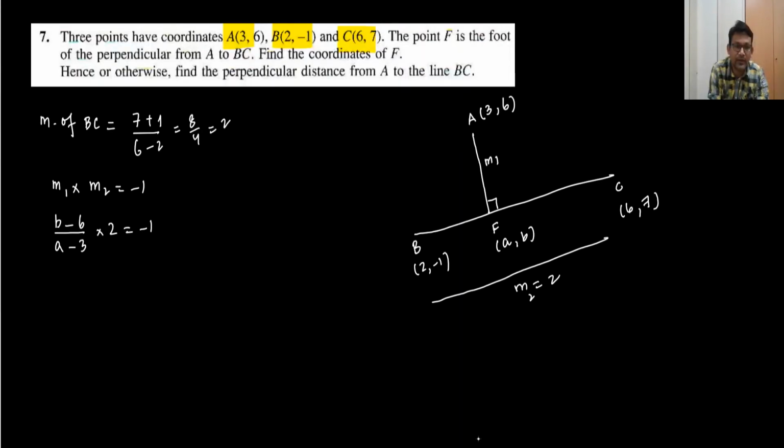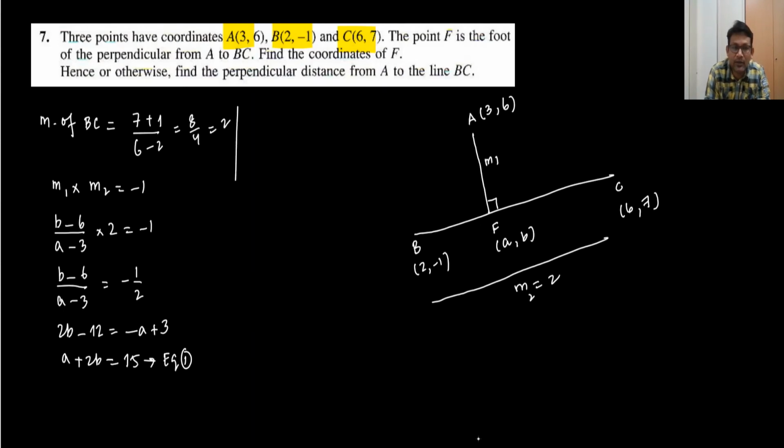When we shift to the right hand side, it's (b - 6)/(a - 3) = -1/2. And when we do the cross multiplication, it's 2b - 12 = -a + 3. When we arrange, it's a + 2b = 15. This is equation number 1.